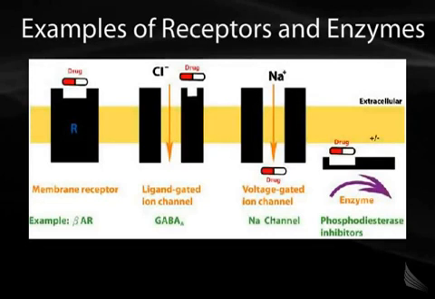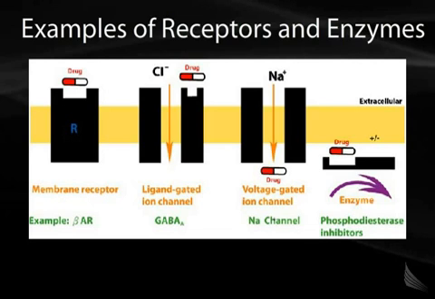Here's a cartoon of different types of drug receptors. The first example would be that of a receptor similar to the beta-adrenergic receptor, which is a membrane receptor. A drug here would be like the beta blocker, which is able to bind to the receptor and inactivate it. The next example will be that similar to the GABA-A receptor, which is actually a chloride channel that can also bind to a medication, such as a benzodiazepine.